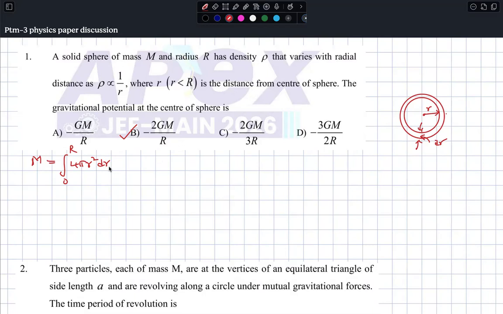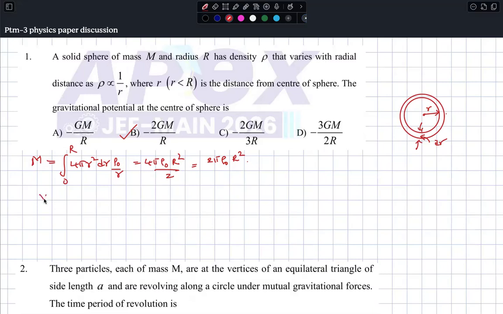Actually, I will call this as some rho naught by r. Right. This will become 4 pi rho naught r square by 2, or simply 2 pi rho naught r square. Let this be equation 1.